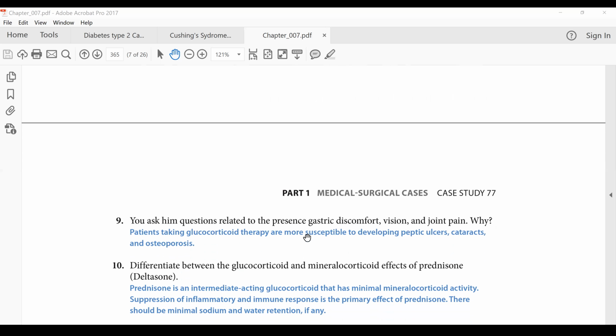All right, so prednisone is an intermediate-acting glucocorticoid that has minimal mineralocorticoid activity. Suppression of the inflammatory and immune responses is the primary effect of prednisone. So there should be minimal sodium and water retention, if any.